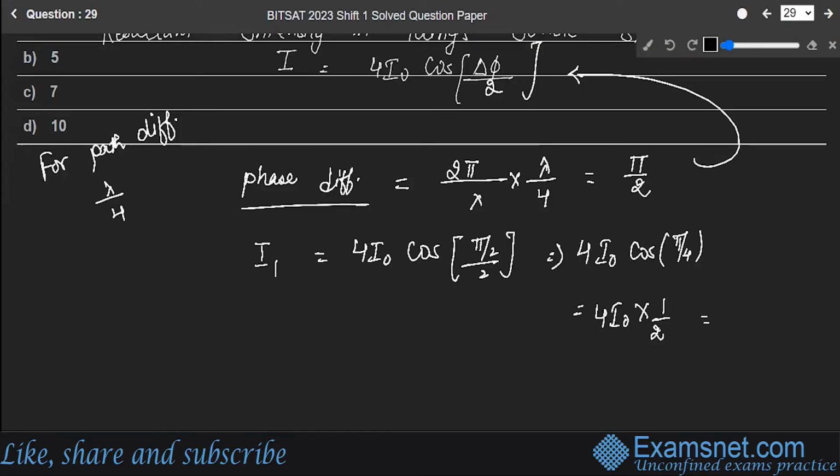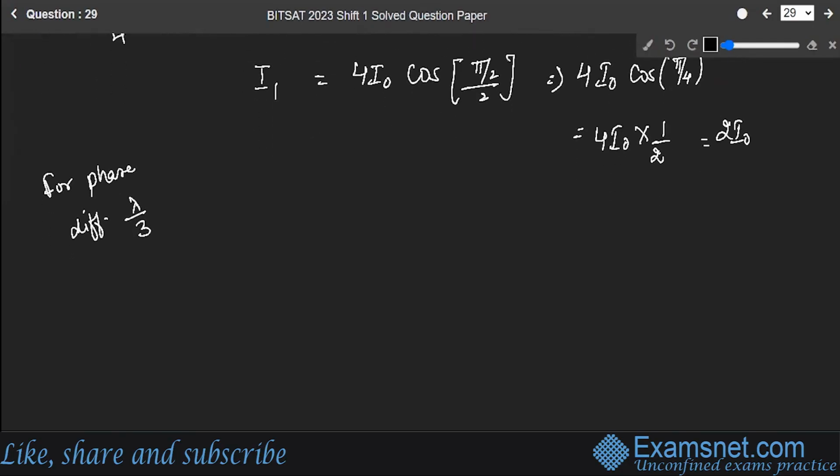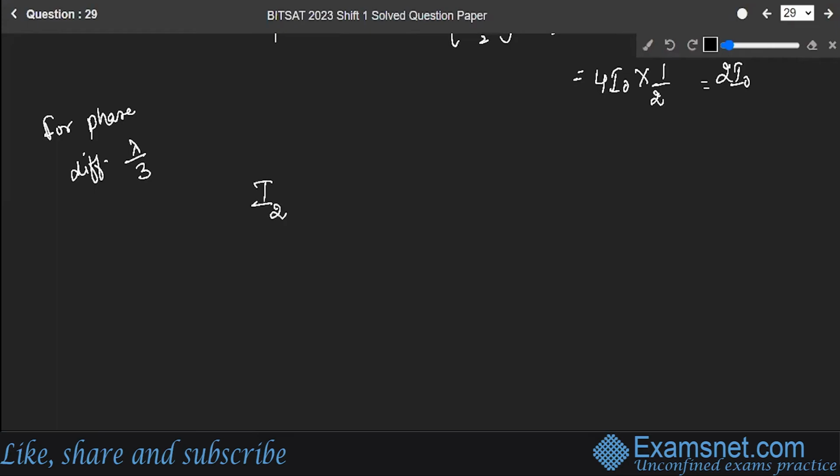So this comes out to be 2I naught. Similarly, for phase difference of lambda by 3, you have I2 is equal to 4I naught.